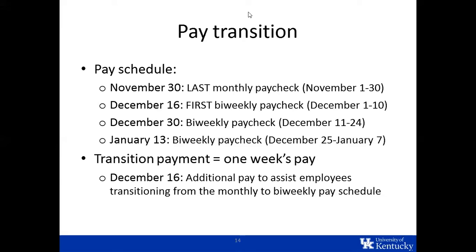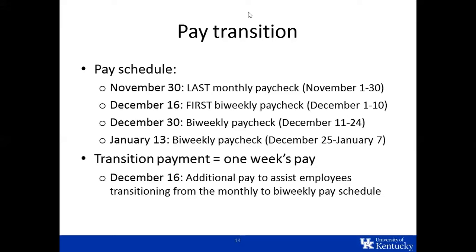One thing that the university did, going back to the guiding principle that we wanted employees transitioning to non-exempt to have neutral at best, was that the leadership approved a transitional payment of 1 week's pay that will be paid out on December 16th.